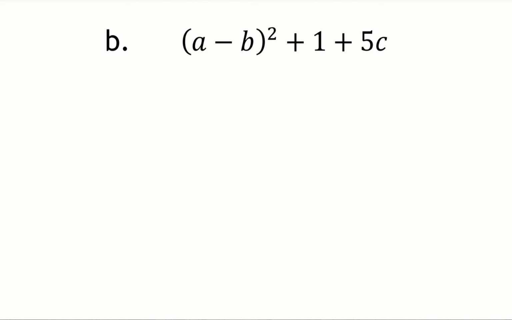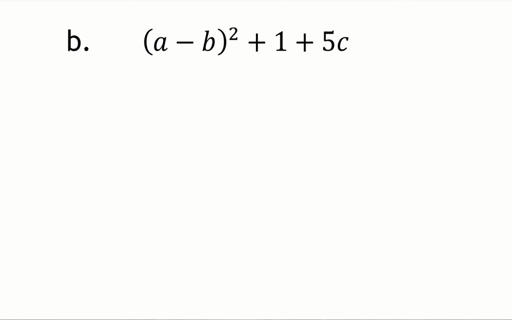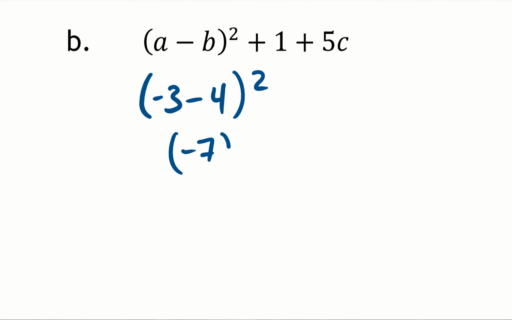Let's go over to part B. Again, A is negative 3. So I've got a negative 3. And then I'm subtracting B, and B is positive, but I'm subtracting it, so it's going to be negative 4, and I'm going to square that. So if I just simplify that part, notice it's negative 7 squared, and we saw this on a previous question. That's 49, right? Negative 7 times negative 7 is 49.